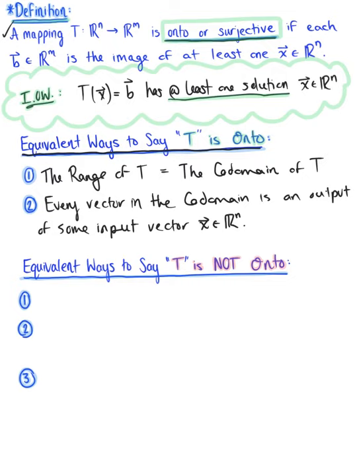So if every vector in the codomain is an output of some input vector, then the range of the transformation equals the codomain of the transformation, and your transformation is onto.